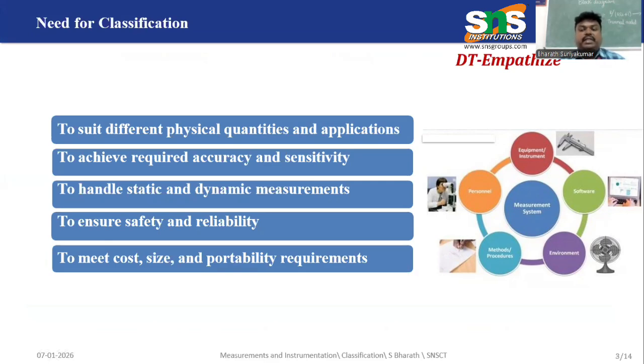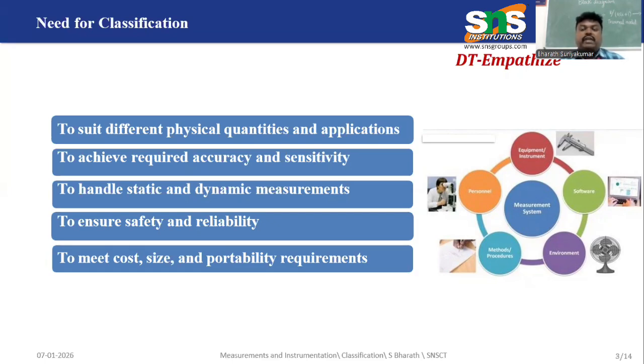It involves the process to suit the different physical quantities and appliances and their applications, to achieve the required accuracy and sensitivity of an equipment, to handle the static and dynamic characteristics of the instrument, to ensure safety and reliability, and to meet the cost, size, and portability requirements. These are the various things we need to understand for the various classifications of instruments.